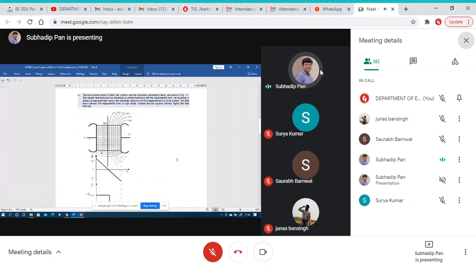Next we will go to the structures. How can we define this particular structure? Those who attended the previous lecture already know. What is the potential difference?